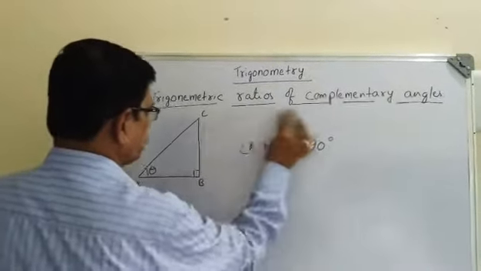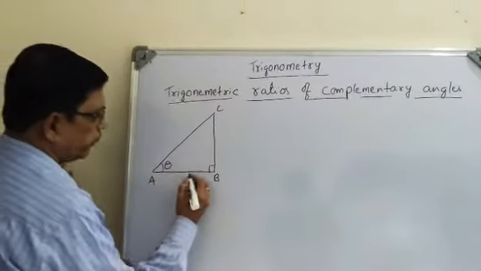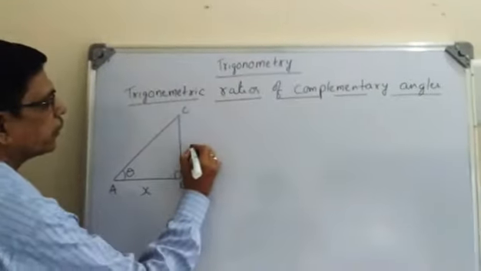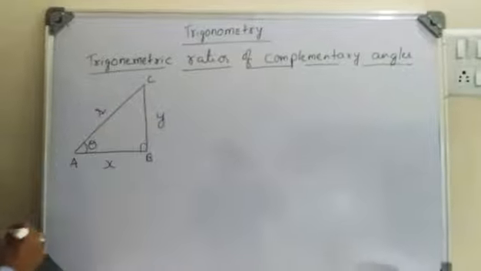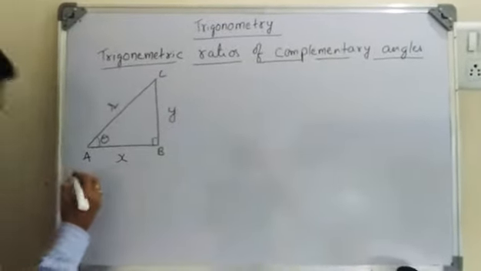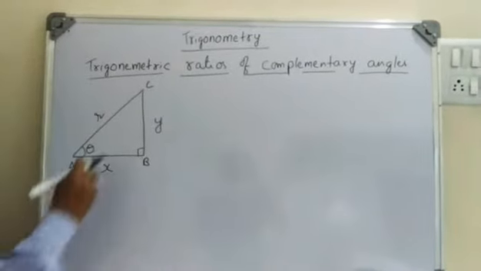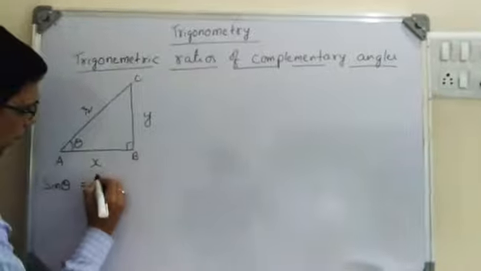Now, as we learned earlier in a previous video lesson, let us take this as x and this as y. This is the radius, we take it as r here. Now we know that sin theta is equal to opposite side by hypotenuse, that is y by r.